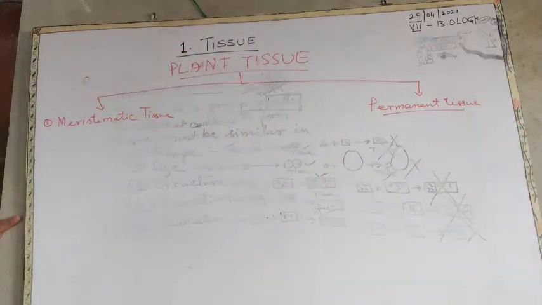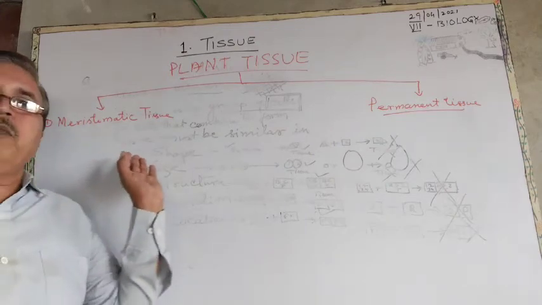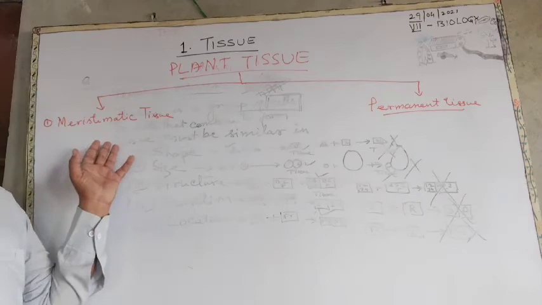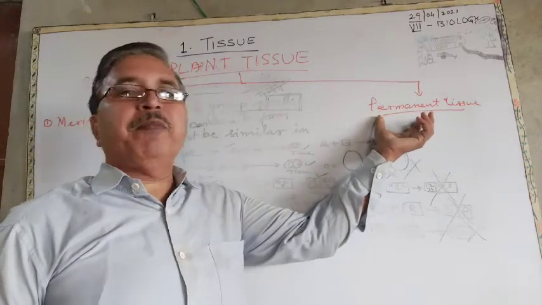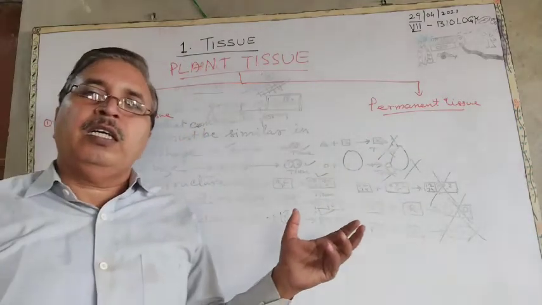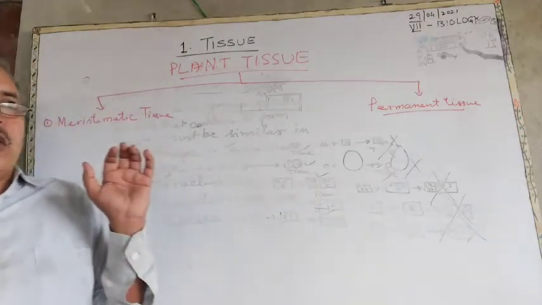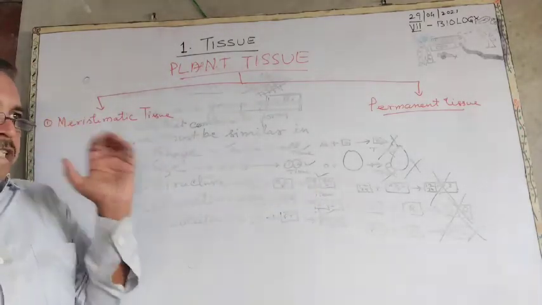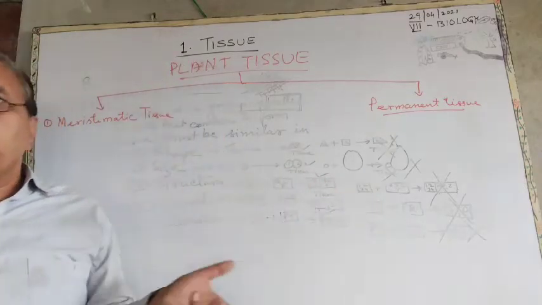As you see the name, meristematic, you may find a little bit unfamiliar, but you see here the term permanent. Permanent means that it undergoes no change, that is fixed as regards its shape, size, structure and function.